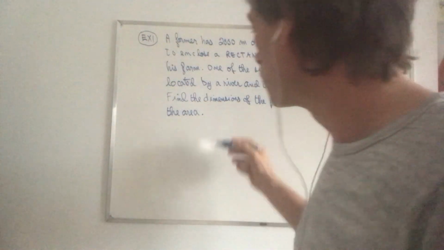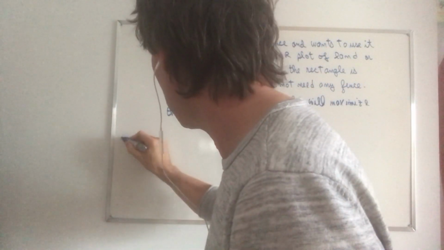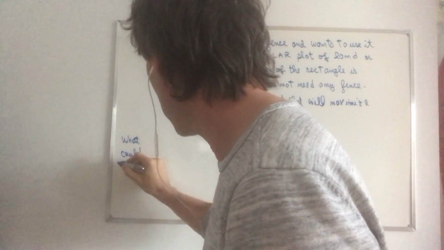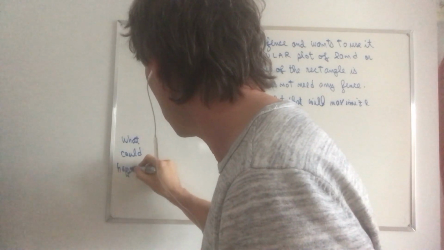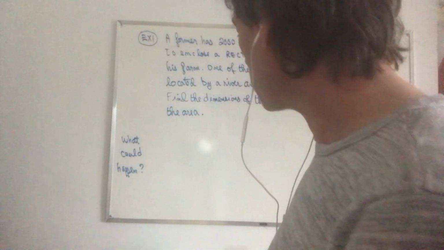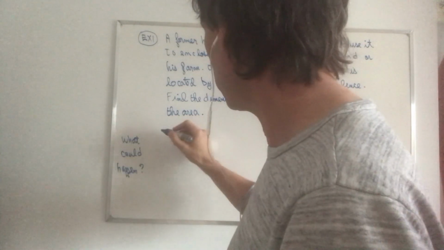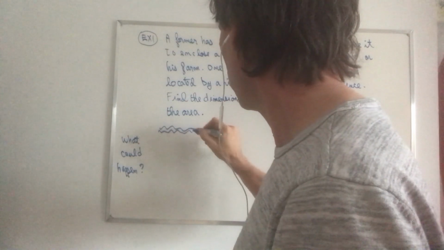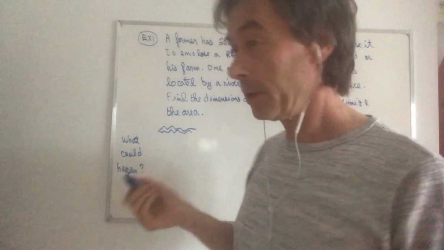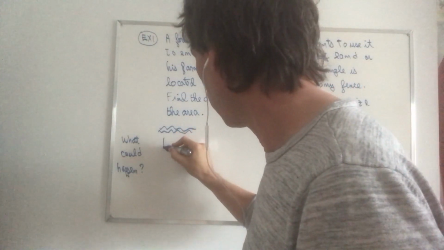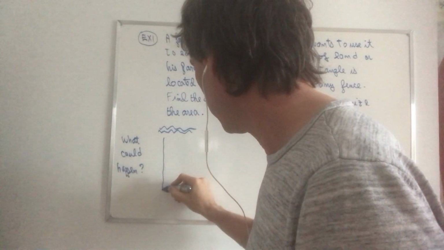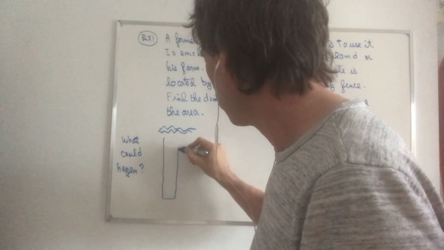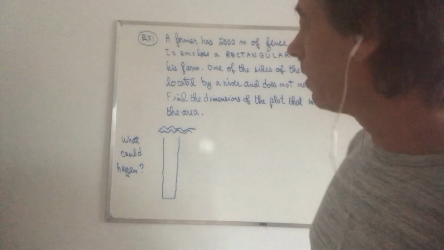So basically, what could happen? Well, here's an example of what could happen. You could go, all right, so here's my river, and I could go for a very, very long and narrow plot of land like this.